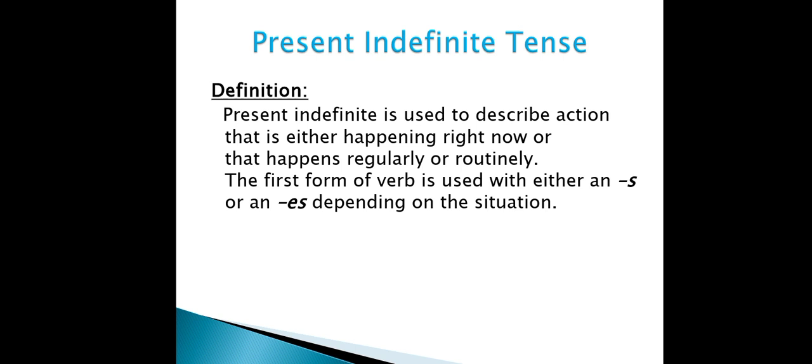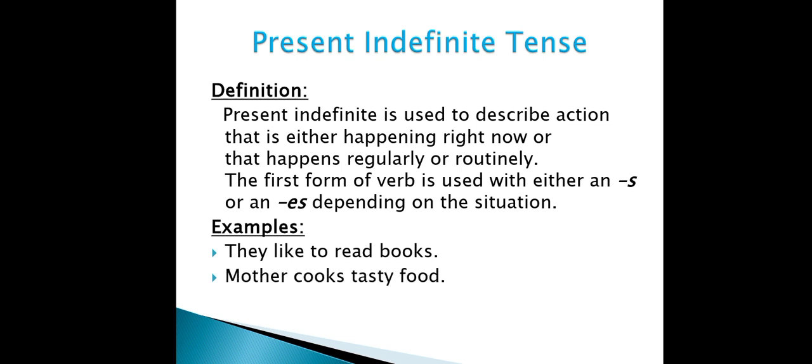In present indefinite tense, we use the first form of the verb and s or es is added according to the subject. For example, they like to read books. You can see the first form of the verb like is used. Mother cooks tasty food. Cooks is the first form of the verb along with s, indicating that it is simple present tense.